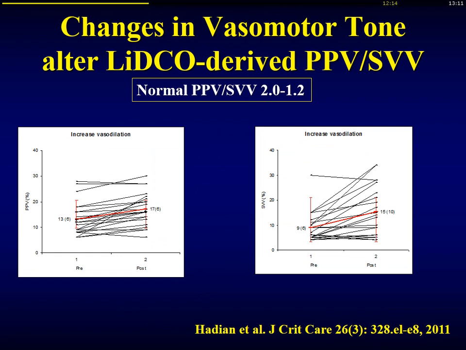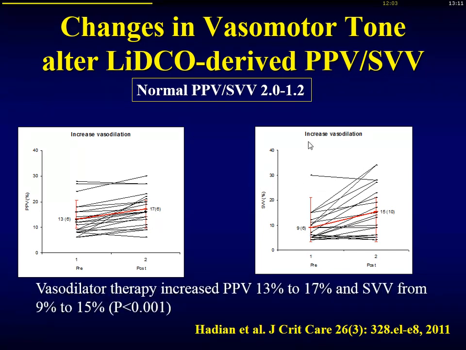So one can look at the pulse pressure and the stroke volume and their ratio. In this study we did in Pittsburgh, Renas Eadyn, we measured the pulse pressure before and after starting a vasodilator in patients post-cardiac surgery. And as you can see, the vasodilator increased the pulse pressure variation from 10 to 17%, that's shown on this left side. And on the right side, it increased the stroke volume variation from 9 to 15%.